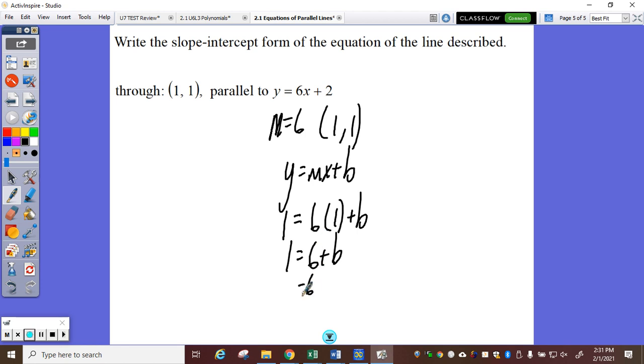Yep, I'll subtract that 6. It's a different y-intercept. We're looking for the y-intercept. Right. Now my y-intercept is negative 5. So y equals 6x. We don't have plus negative, it's just minus 5. Yep. That was same slope, different y-intercepts.